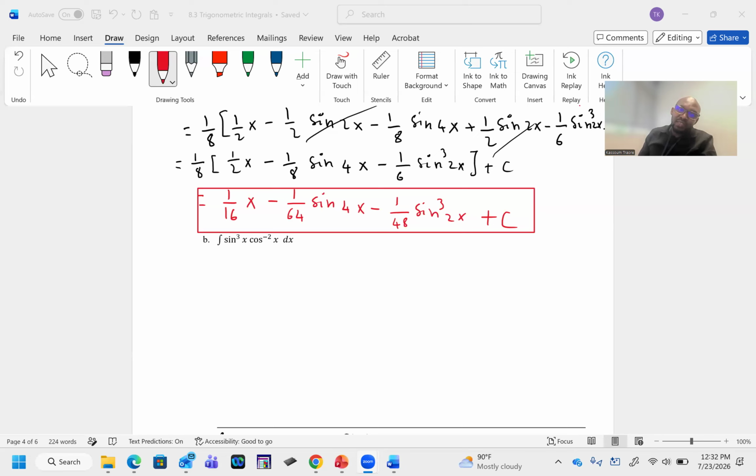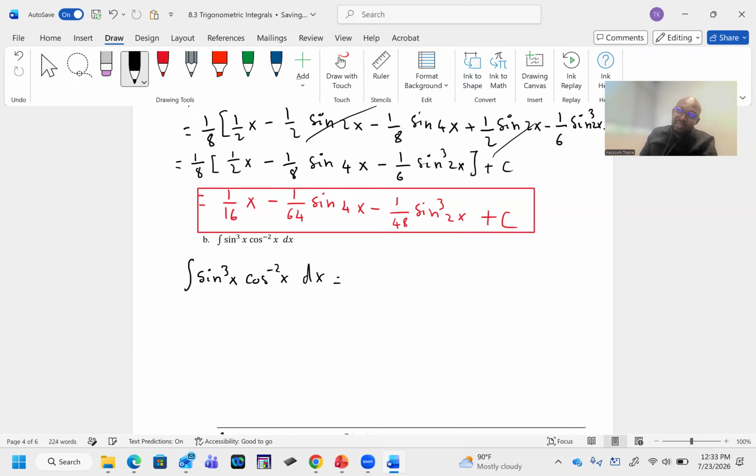In this case, you can see sine to the power of 3 is what? Odd. So since that is odd, we will not be using half angle. So we have sine to the power of 3 x times cosine to the power of -2 x dx.